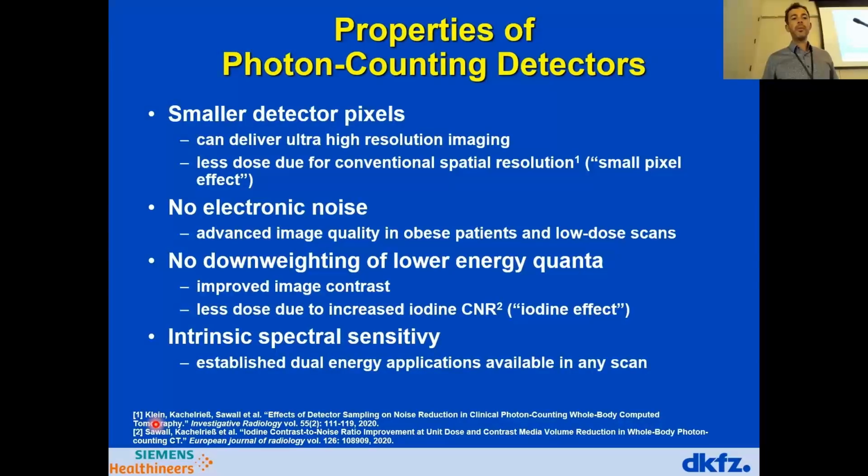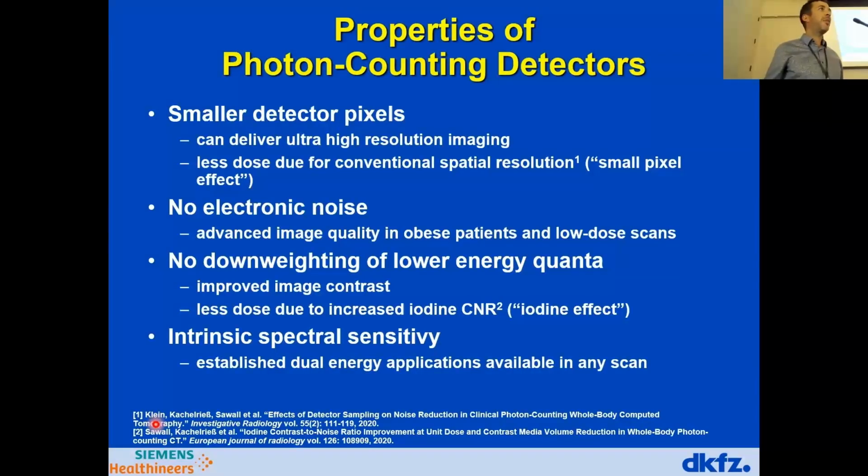And last, we also have the spectral information in photon counting CT. So in every scan which we make, a dual energy reconstruction is possible. And also right now in research applications, we have multiple thresholds. So as an example, we can do separation of different contrast agents.